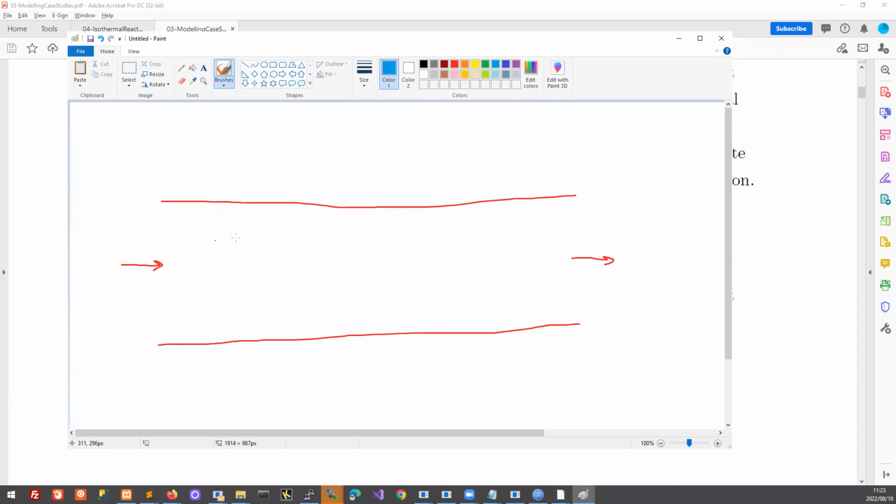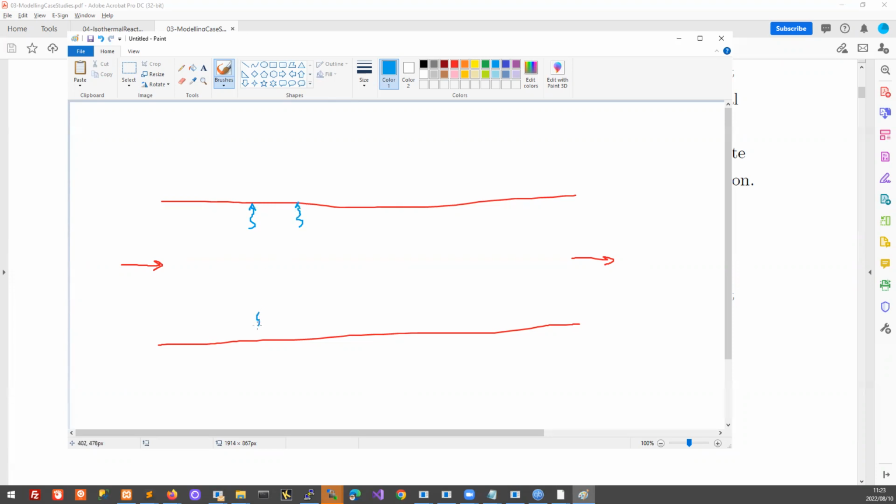So A is transferring down the tube, and if there was no reaction, then you can imagine the concentration of A will just stay constant. So it enters at a certain concentration, and the concentration will stay fixed. But if there is reaction happening on the surface of the tube, then the concentration is going to change as we transfer down the tube.